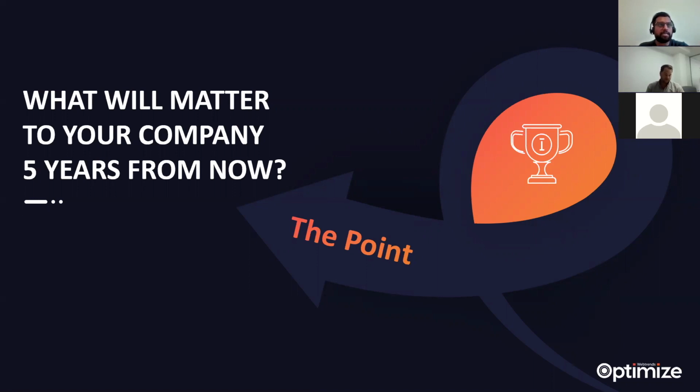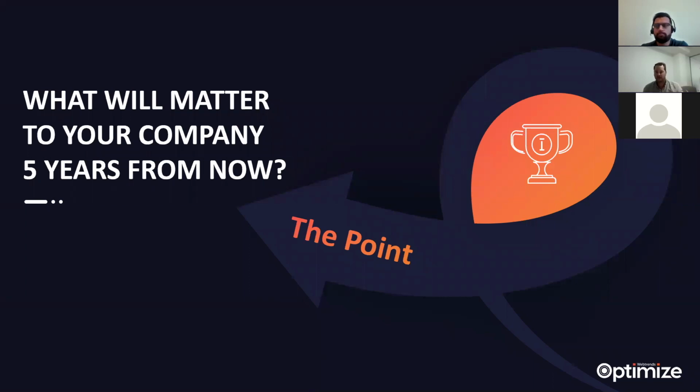If you think about what actually matters, it should be not what matters today, but what matters 5 years from now. Testing a headline, for example, might seem important today, but the likelihood is it's not really that important, is it? Yeah. I think it's a strong argument of tactical versus strategic.